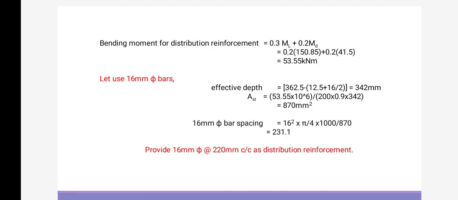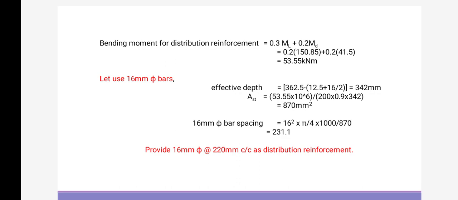So next, bending moment for distribution reinforcement. Bending moment for distribution reinforcement is equal to 0.3 into live load moment plus 0.2 into dead load moment. So substitute the two values. So find the answer, 53.55 kilonewton meter. So next, find out the effective depth. So effective depth answer 342 mm, and area of steel in tension reinforcement 870 mm square. So spacing of rod is small AST divided by capital AST, into 1000.